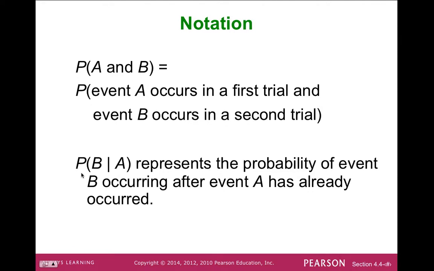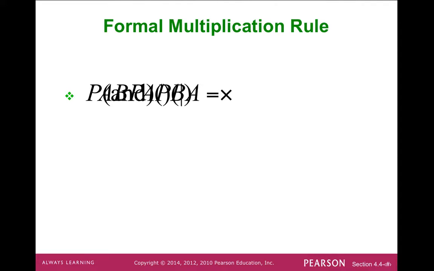So the way I read this is the probability of event B occurring, given that, meaning that's what this line stands for, the words given that, A has already occurred. So again, the probability of event B occurring, given that event A has already occurred.